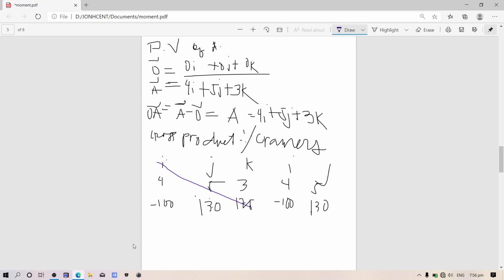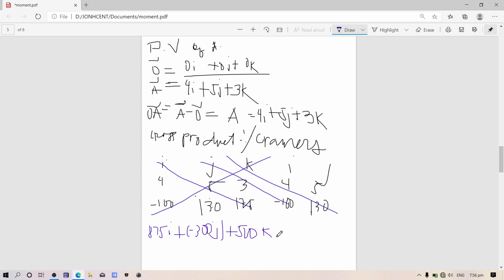So, that will give me 875i plus negative 300j, okay, plus ito 520k. Okay, then dito naman tayo sa diagonal sa kabila.